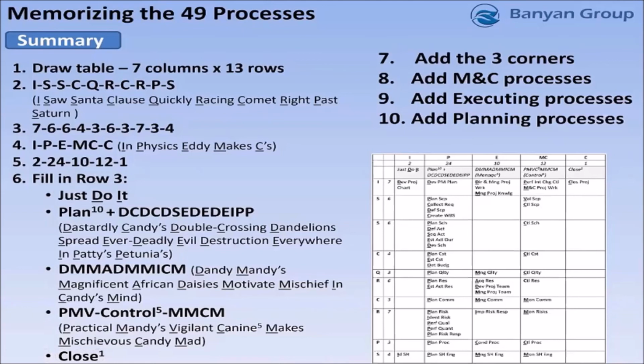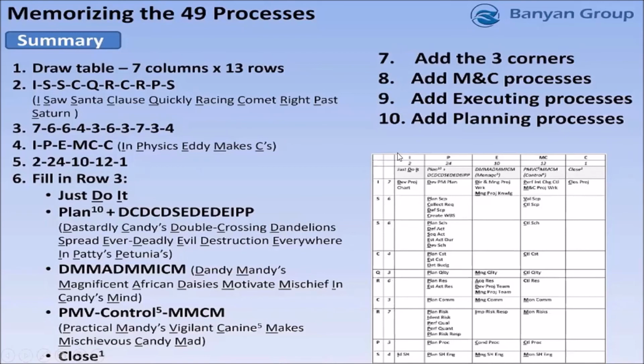Just to revise for you: make 7 columns, 13 rows, write the postal code 2 2 4 10 12 1, and write the phone number 766 436 3734.